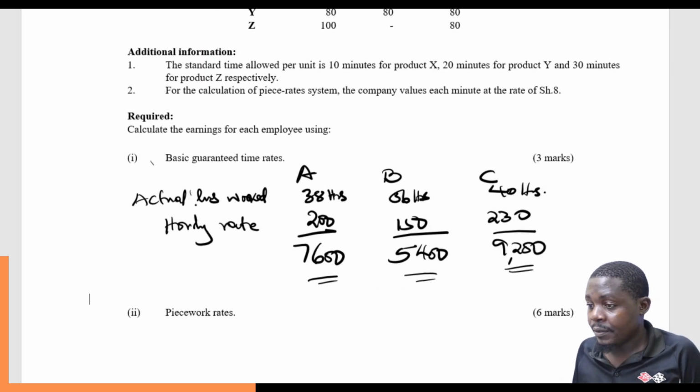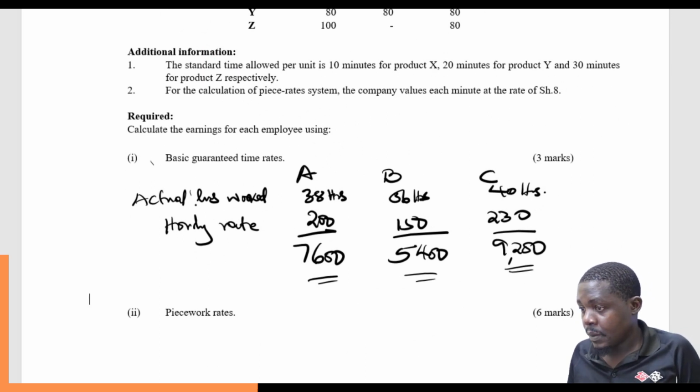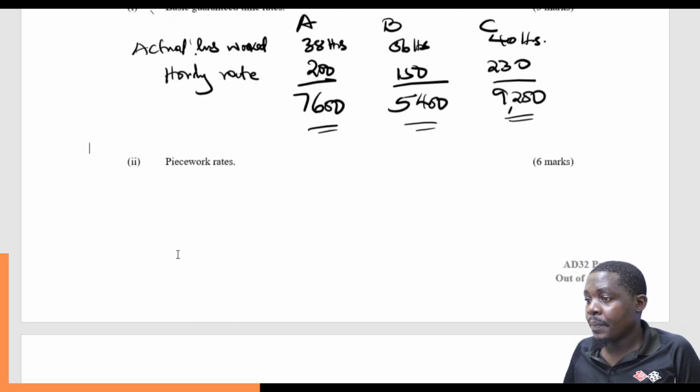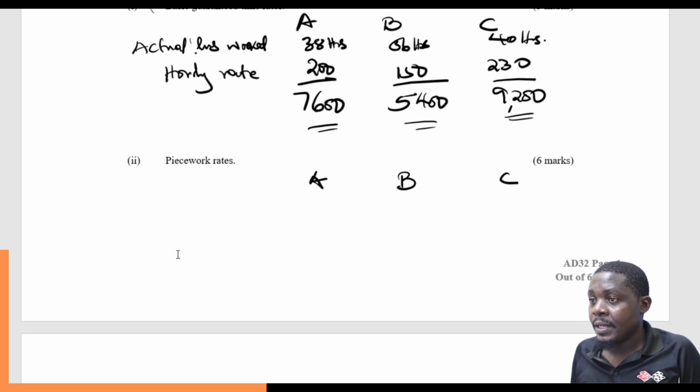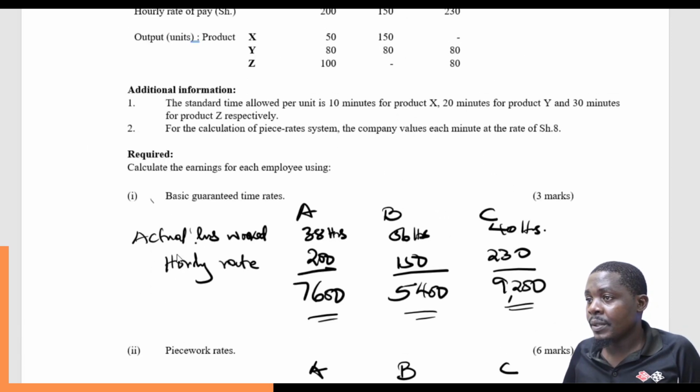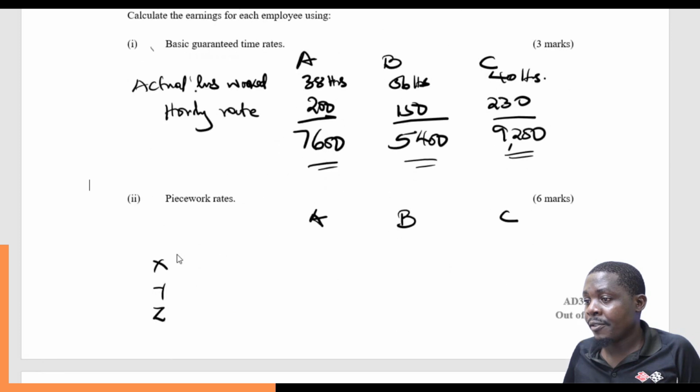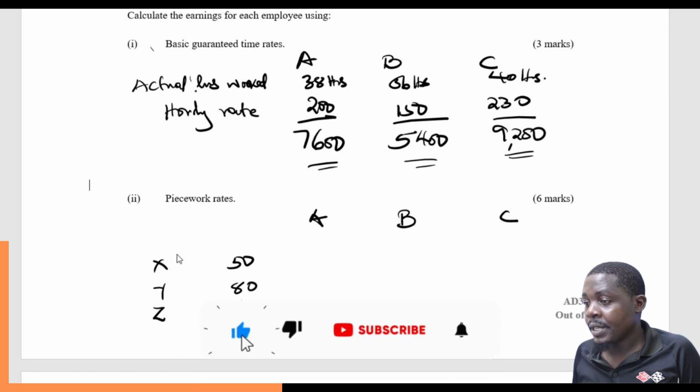Now we are going to have here employee A, we have B, and then we have C. Then we have X, Y, Z. For A, we had 50 units, 80, 100.